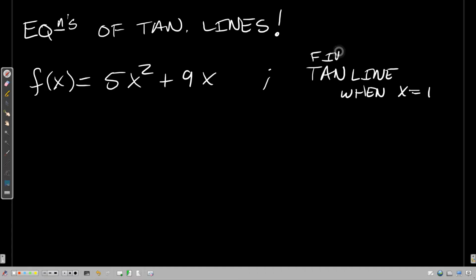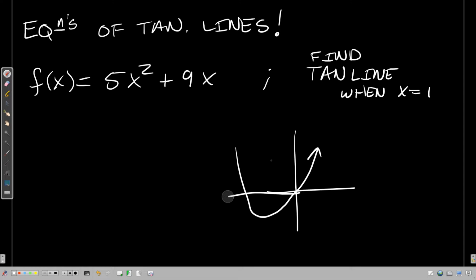So we're going to find the equation of the tangent line when x is 1. So this guy here is some kind of parabola, and it's making a graph looks like this pretty much. And when x is 1, we want to know the equation of this line.